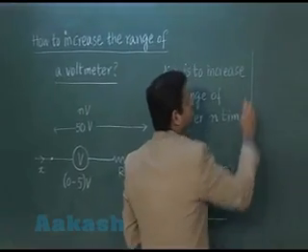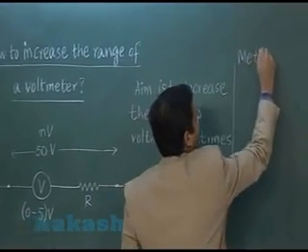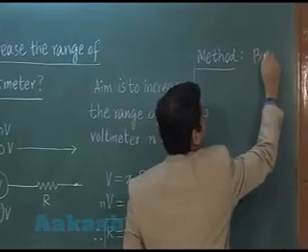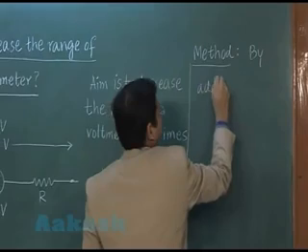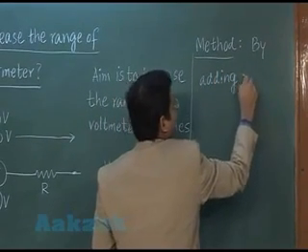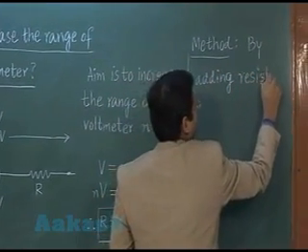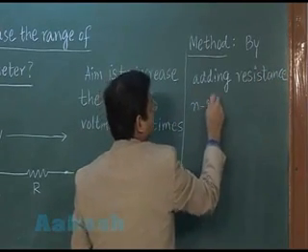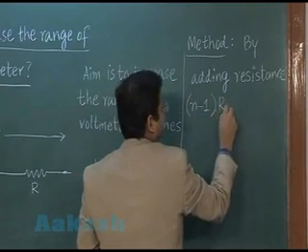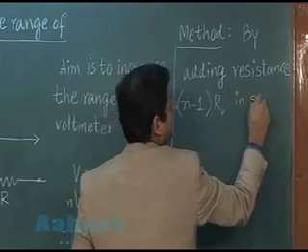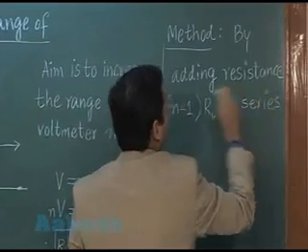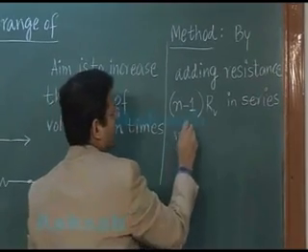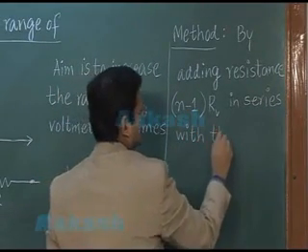What is the method? Method is by adding resistance n minus 1 into RV in series with the voltmeter.